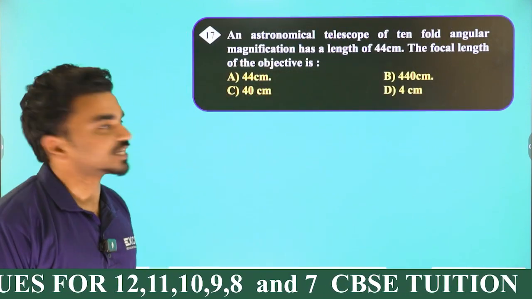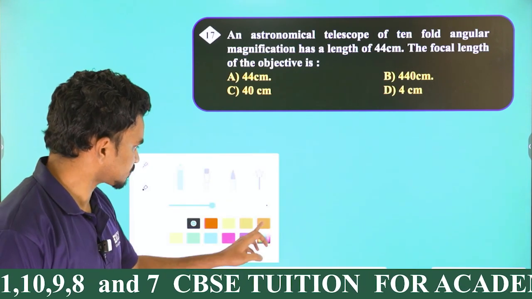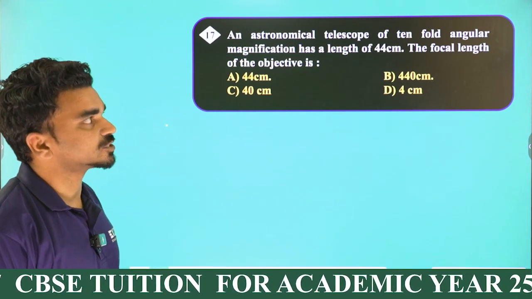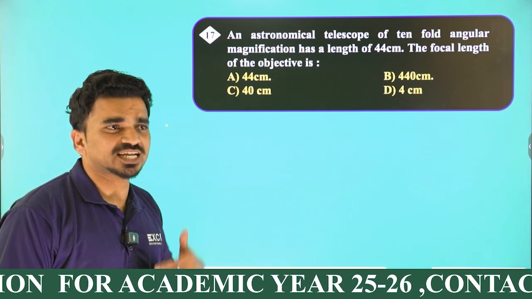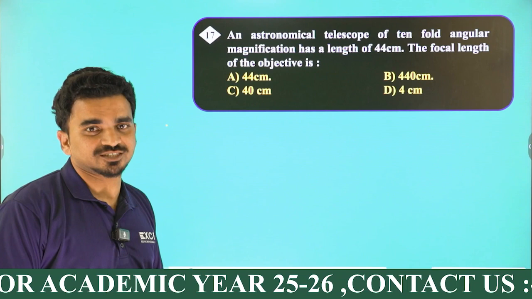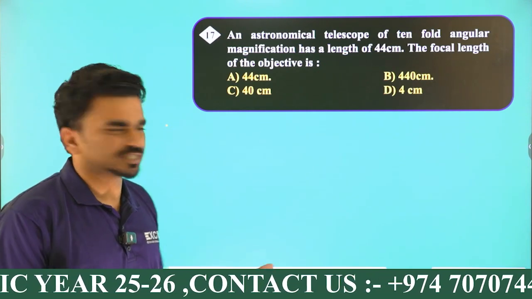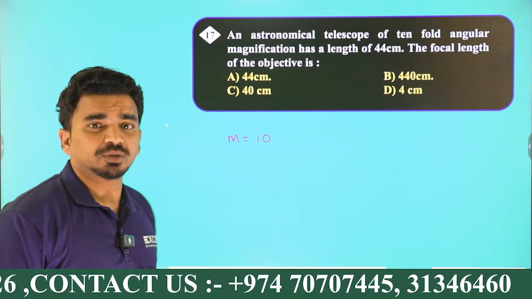Take a look at the next question. An astronomical telescope, read it carefully. An astronomical telescope of 10-fold angular magnification. So that's another way of communicating the magnification. 10-fold means 10 times, so the magnification is 10. What do you mean by magnification?